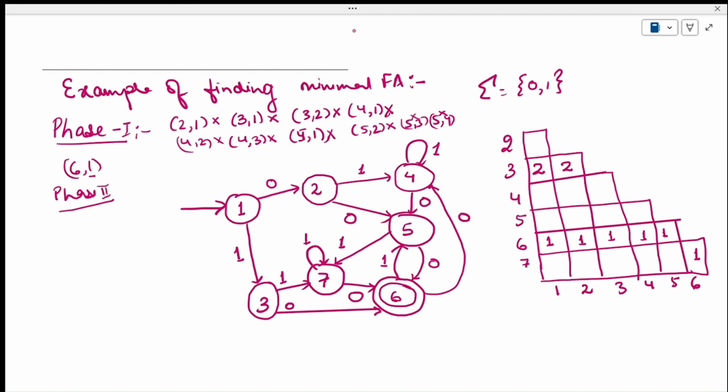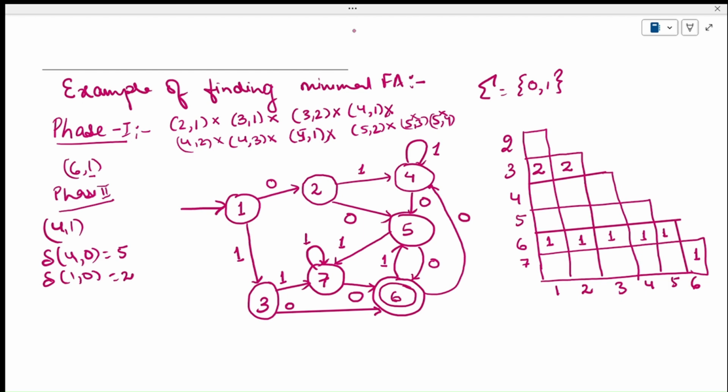So check for 4 1. 4 on reading 0 is going to state 5, and 1 on reading 0 is going to state 2. 5 2 is not yet marked, so I'll not mark 4 1 for symbol 0.